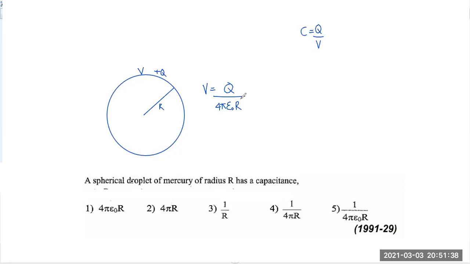We have learned this before. Then I need q over v. So if I can make q over v the subject, 4 pi epsilon naught r goes up equal to q over v. So ultimately you will end up in this equation.